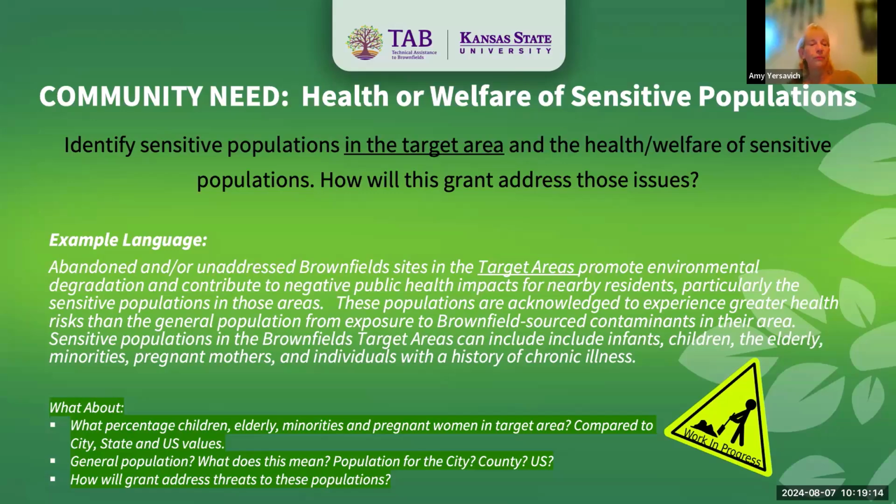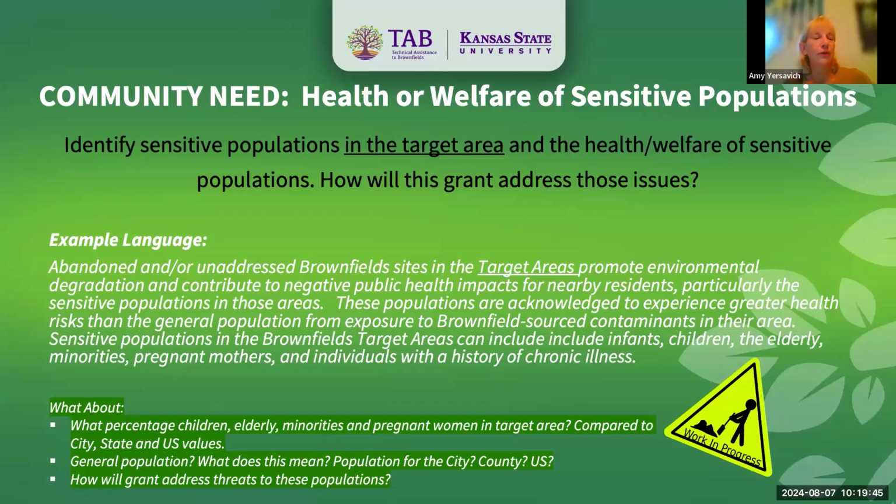These are all sensitive populations, but they're very general statements. They're not talking about the percentage of children or elderly and comparing it, as Beth mentioned. You need to compare and contrast so that you know what the problem is in this area. Does it have a higher percentage of pregnant women or children compared to the US and state values or city values?